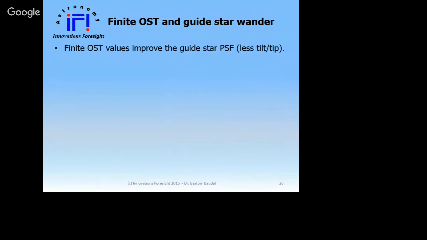Now, I'd like to discuss a bit what it means in terms of guide star and guiding. The fact you have a finite outer scale value improves the guide star PSF because the tip-tilt is reduced and the shape of the star is better, and this improves with longer wavelengths as well.